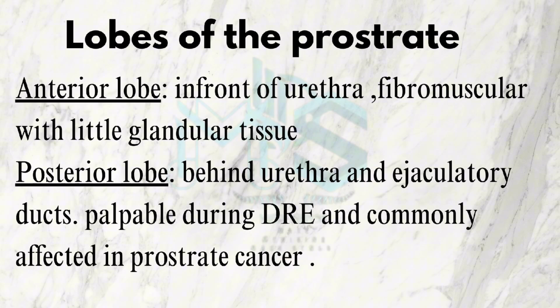For the anterior lobe, it's in front of the urethra. It's fibromuscular with little glandular tissues. For the posterior lobe, it's behind the urethra and the ejaculatory ducts, obviously, and that's the lobe, as we had earlier said, that is palpable in DRE and is commonly affected in prostate cancer.